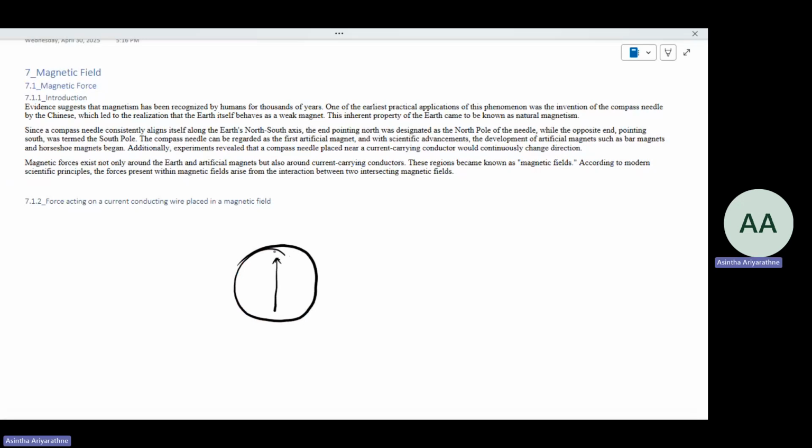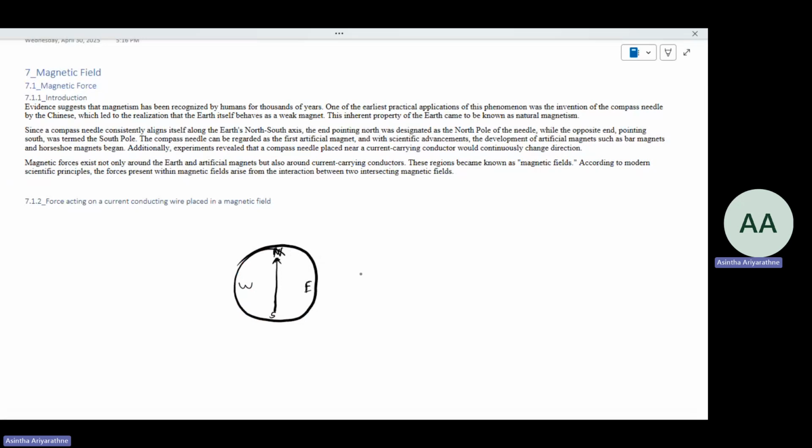It is marked north, south, west, east in that manner, and this compass always points towards the north, no matter the direction that we are oriented.